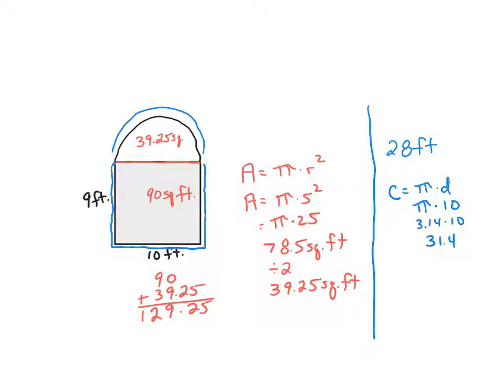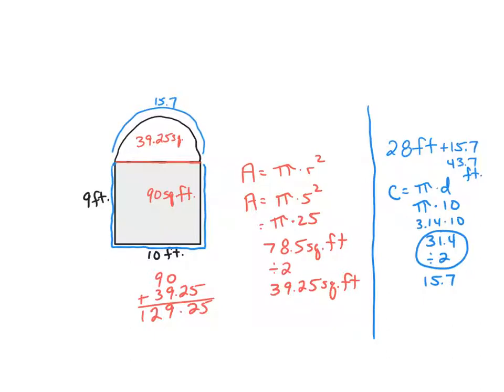But once again, I only have half a circle, so I need to divide that 31.4 by 2. 31.4 divided by 2 gives me 15.7. So this distance is 15.7 that I need to add to the 28 feet that I have altogether, giving me a final answer of 43.7 feet.